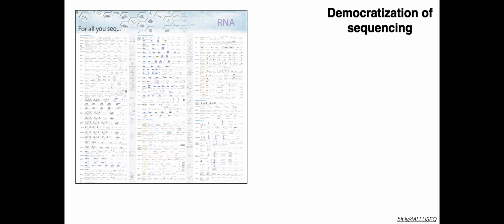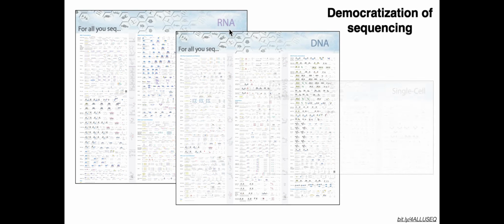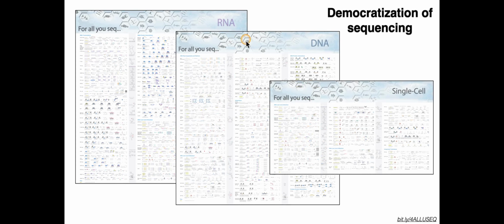As a result of this democratization, there's been a tremendous development of different sequencing-based assays for a variety of different fields of biology. And this is really most almost grotesquely highlighted by Illumina's For All You Seek posters, and I've linked to those down here, where each row in this poster highlights a different application. In this case, the poster for RNA, there's one for DNA, and more recently now, of course, one for single-cell-seq.